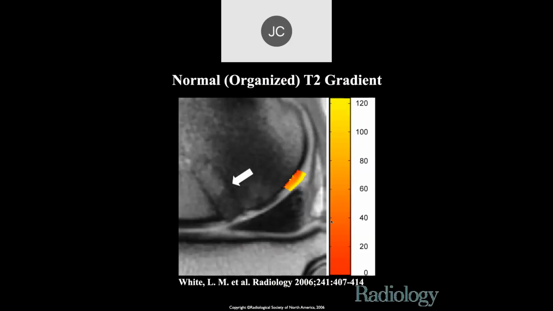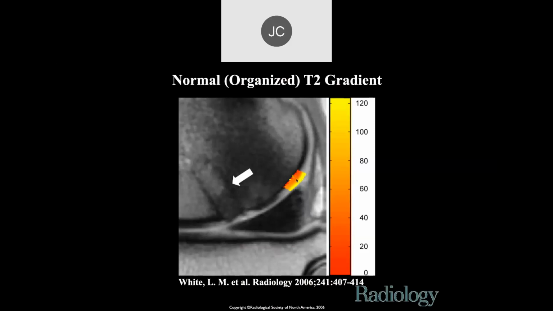Now, typically, we already talked about the structure of articular cartilage and how you should have much higher T2 on the surface and lower T2 deep below because of the way in which you have randomly oriented collagen fibers that dephase the signal deep in the cartilage, where you have a lot of water in the superficial part of the cartilage.